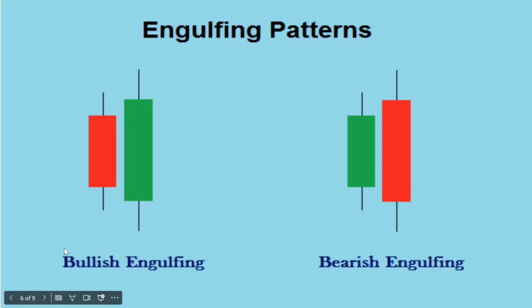So here we have a bullish. First of all, we have the bullish Gothic candle, which is bigger than the bearish Gothic candle.